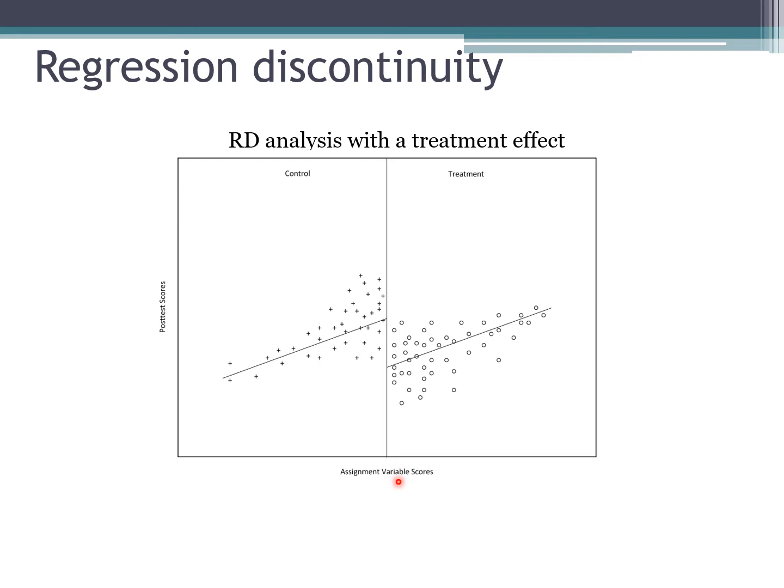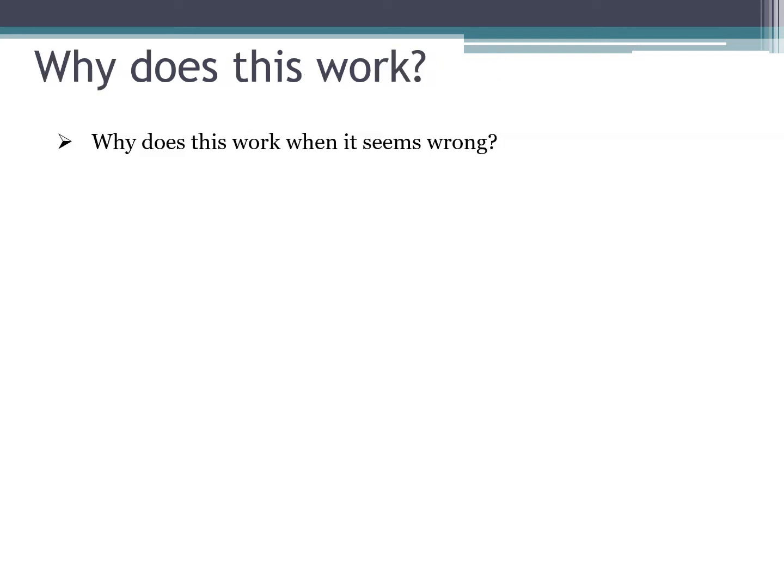But here, rather than thinking of this as time, the assignment mechanism is some variable. And if that variable is an effective choice, then we can derive very strong causal inferences from this method.